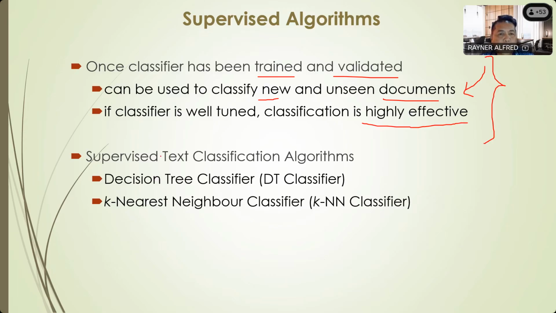Okay. So for this session, we will look into two classifiers. The first one is called decision tree, and the second one is called k-nearest neighbor. I believe we have covered this more or less in the previous lecture, where the k-nearest neighbor depends on what? Depends on the distance, right?